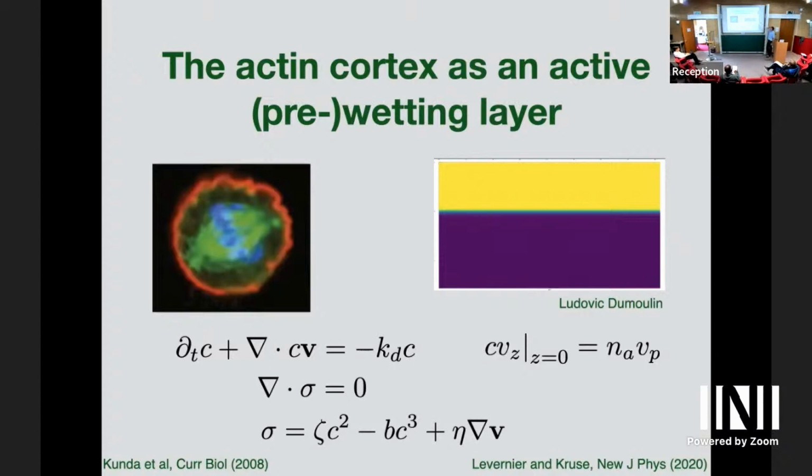Yellow here means that we have reached the plateau value, so this would be a stationary state as we have computed it before. Blue would be a part where there's no actin. So again, the membrane, if you want, would be on top, and then you look down into the cell.